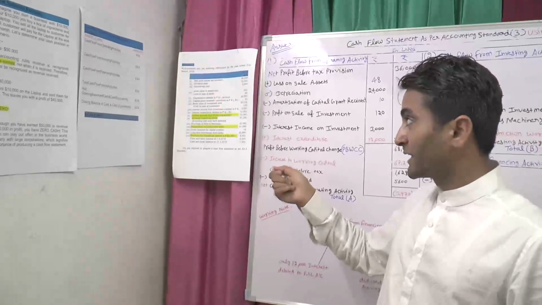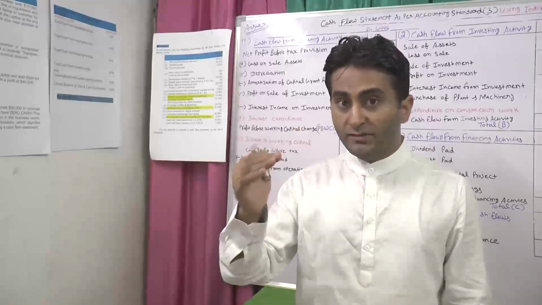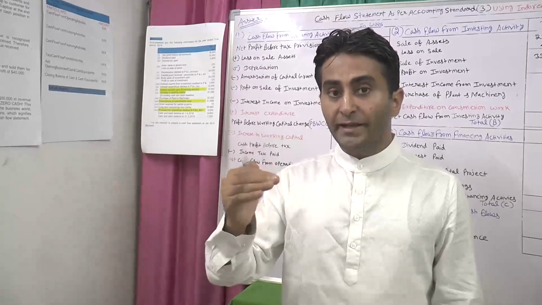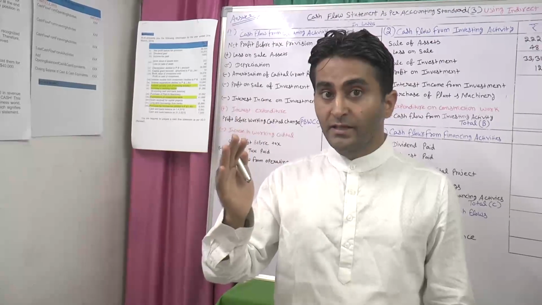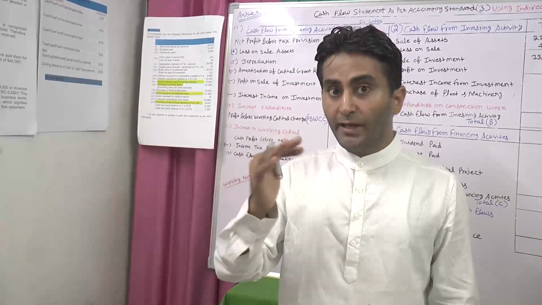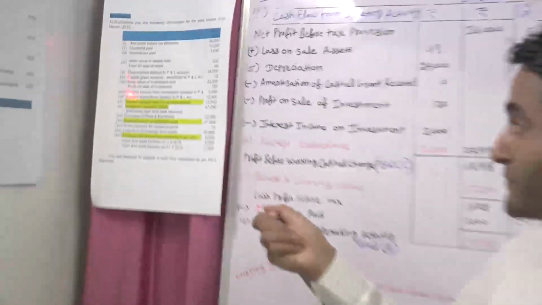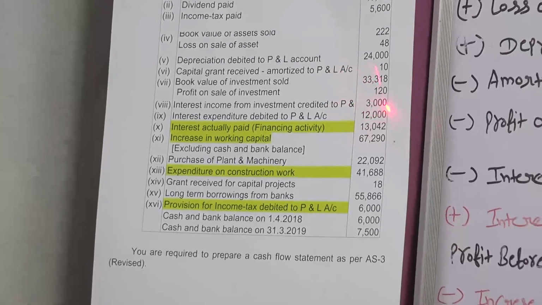Both of these items will come under investing activities, but profit on sale of investment will also come under operating activity and it will be deducted from profit before tax, as profit on sale of investment is an item of non-operating income. Next is interest income from investment credited to profit and loss account 3,000.